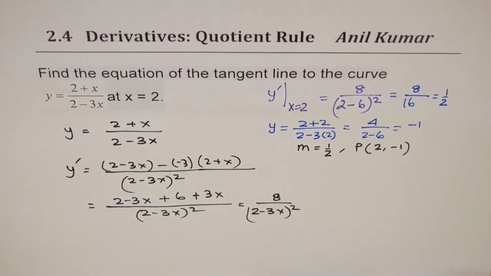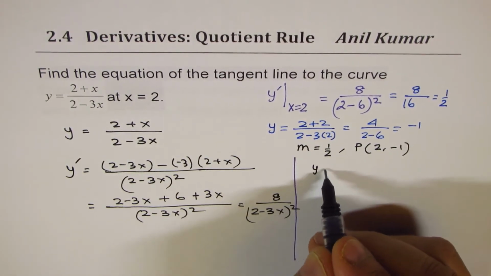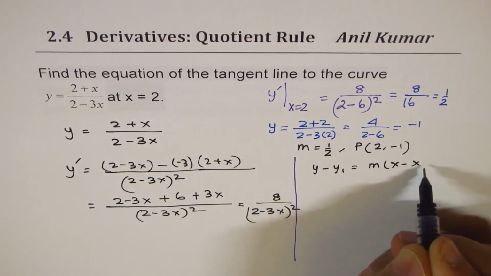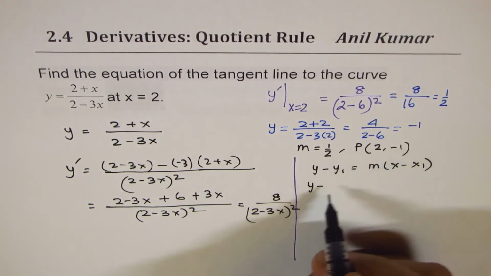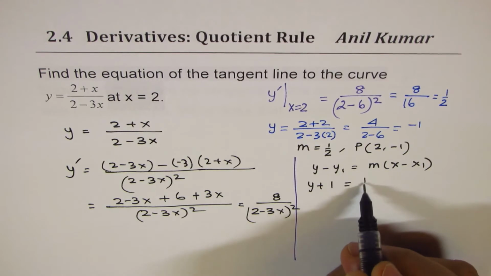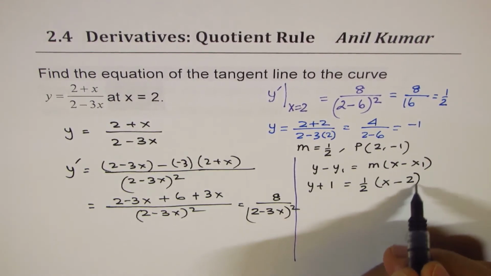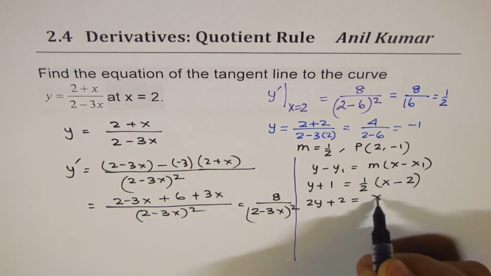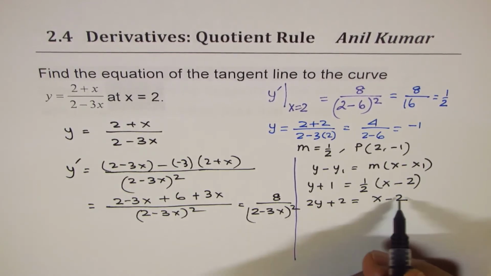So that is the equation of line we're looking for. So we could write this as y minus y1 equals m times x minus x1. So it is y minus (minus 1) gives me plus 1. Slope is half. x minus x1 is x minus 2. Cross multiply, so we get 2y plus 2 equals x minus 2. Bring all the terms together, so we'll take them to the right side.